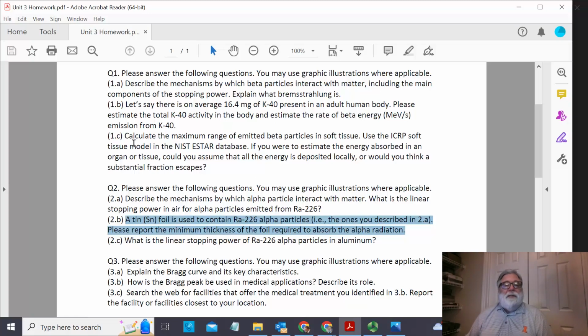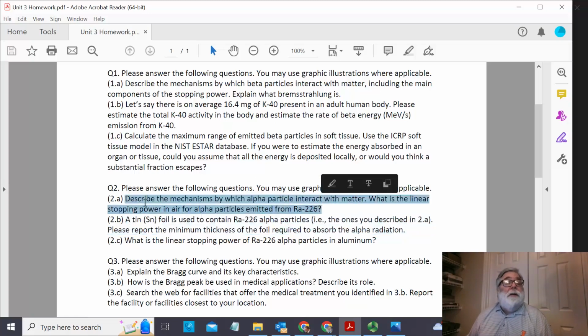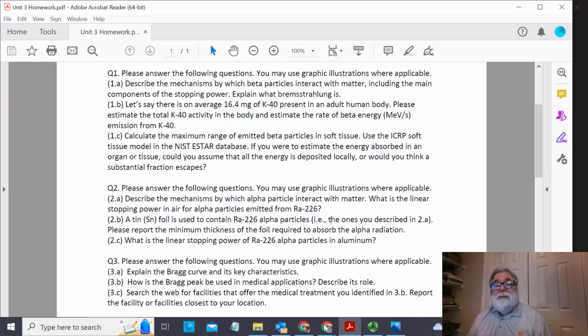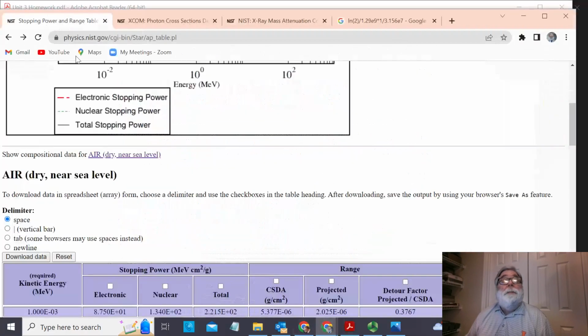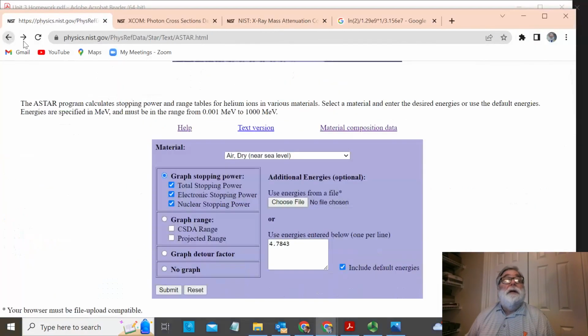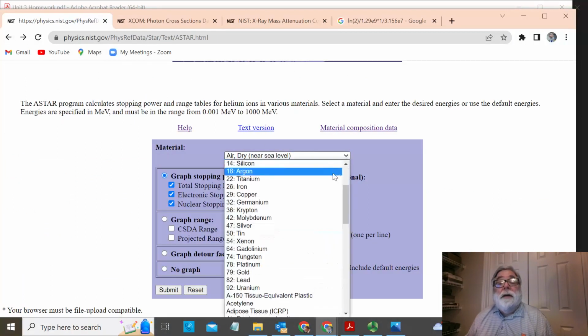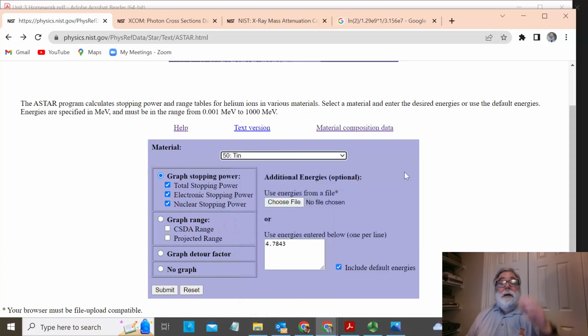We also had a formula to calculate the range in air for alpha particles. Some people solved this problem that way. I just decided to look up the range in tin. It's a straightforward way to do it. There's nothing wrong with doing it this way.